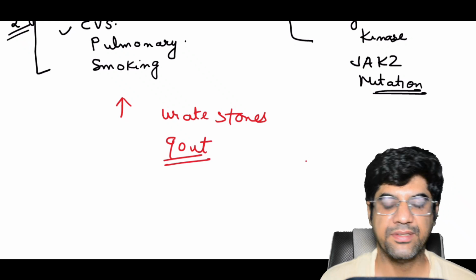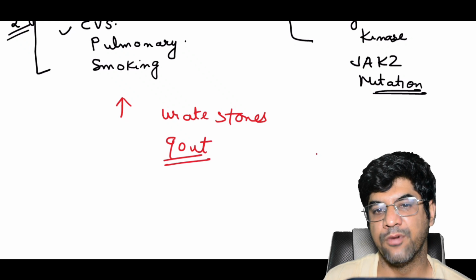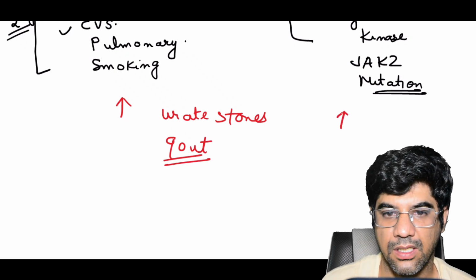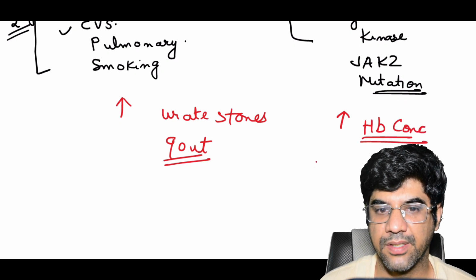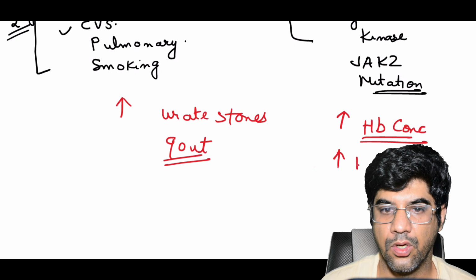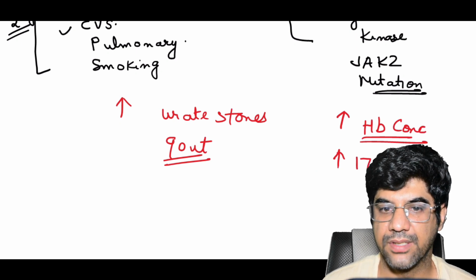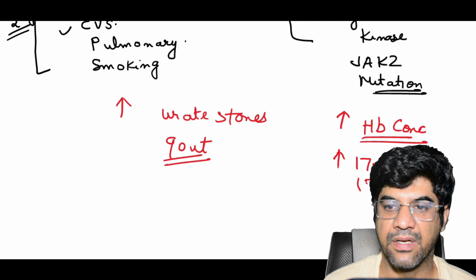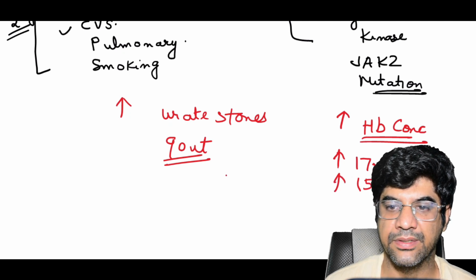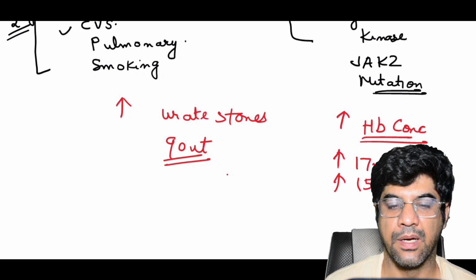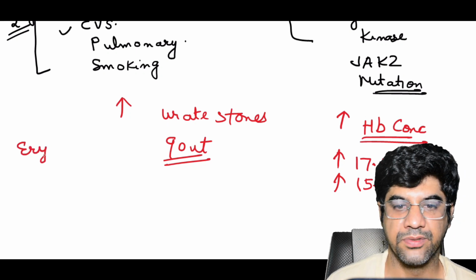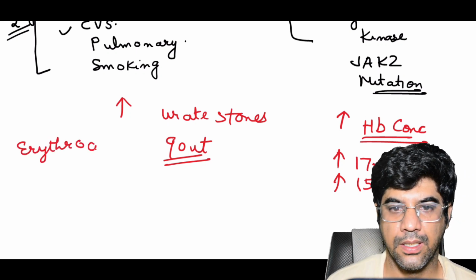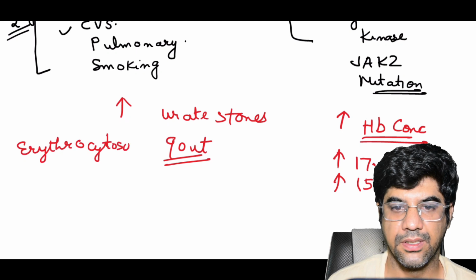And this polycythemia vera is diagnosed by the following hematological findings. First of all, there is a raised hemoglobin concentration. You will see the hemoglobin is above 17.5 gram per deciliter in males, and in females its value is 15.5 gram per deciliter. There would be erythrocytosis.